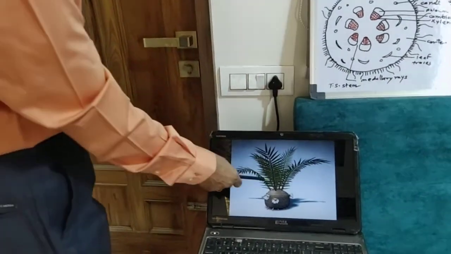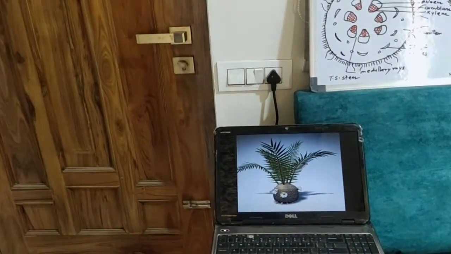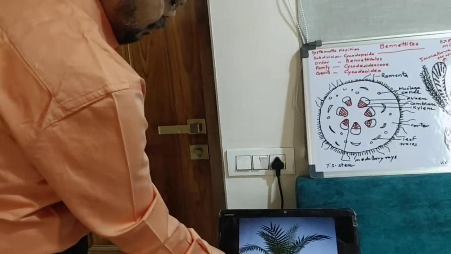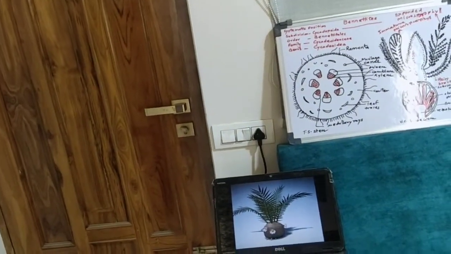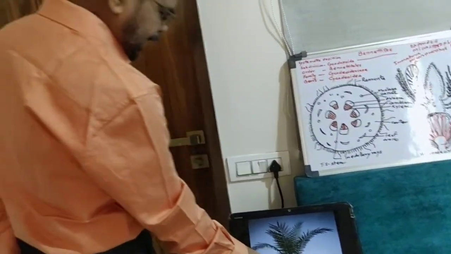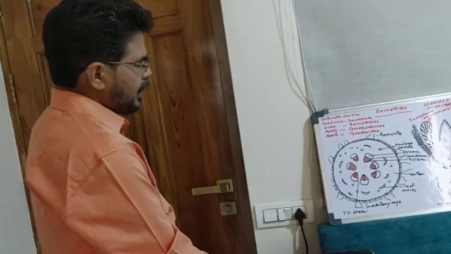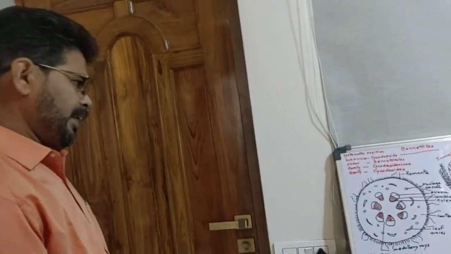You can observe the flowers are also present in this animated type of plant that is given. So this was the fossil gymnosperm that was present during the Jurassic period.